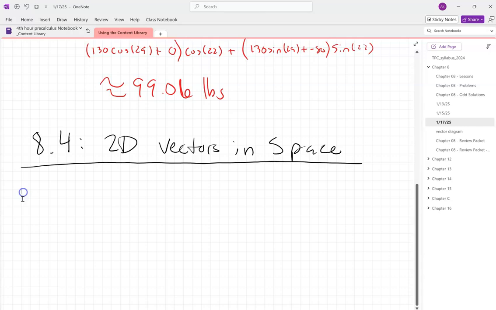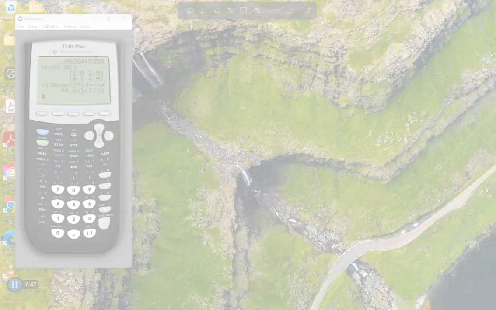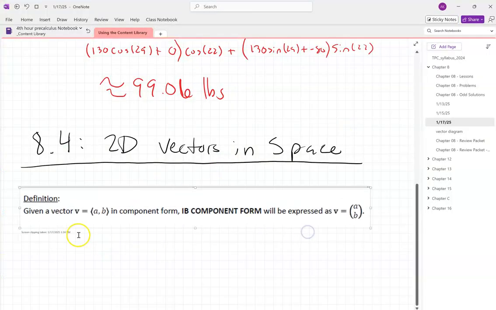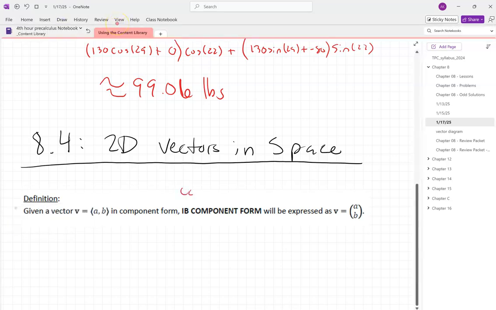To do this, we're going to introduce yet another vector notation. This we call the IB component form version for a vector, but when I was a student, we just called this a column vector. I still think that verbiage is used pretty commonly.